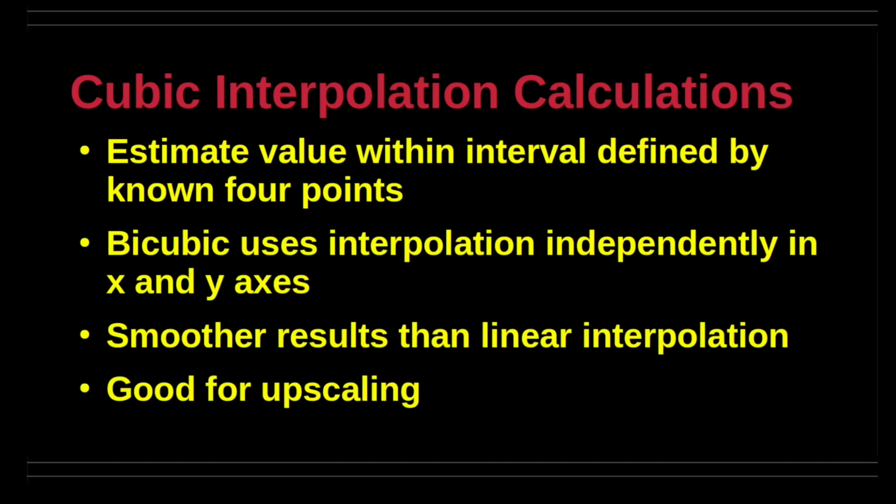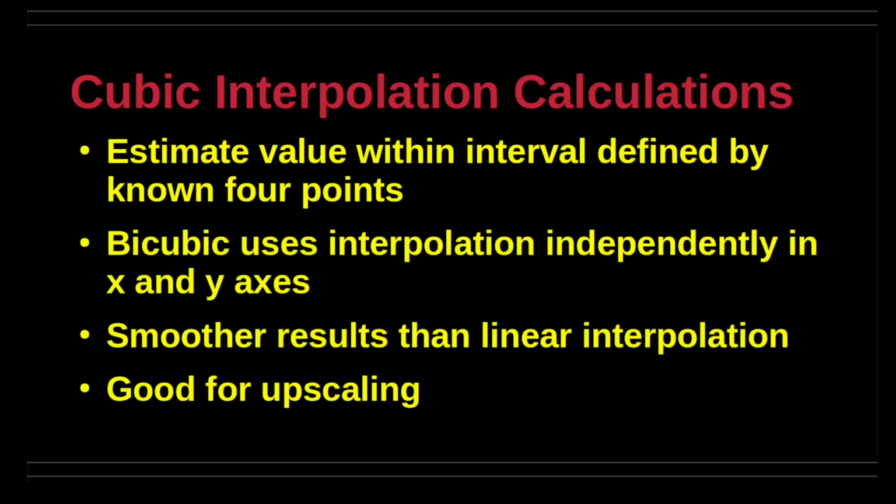Bicubic interpolation is an extension of bilinear interpolation, considering a 4x4 neighborhood of pixels instead of just the 2x2 neighborhood used in bilinear interpolation. This provides a smoother and more accurate interpolation, especially for image upscaling.